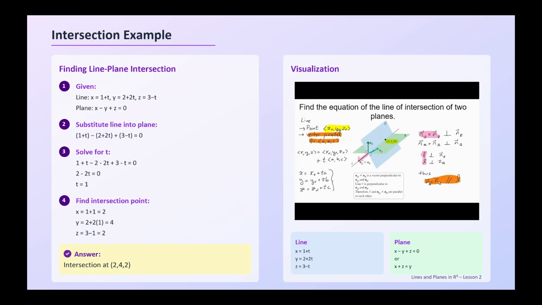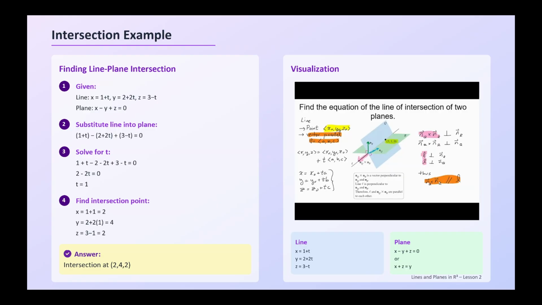So let's walk through an example. Suppose a line has parametric equations x equals 1 plus t, y equals 2 plus 2t, z equals 3 minus t, and the plane equation is x minus y plus z equals 0. We substitute the line into the plane, which gives us an equation containing only t.